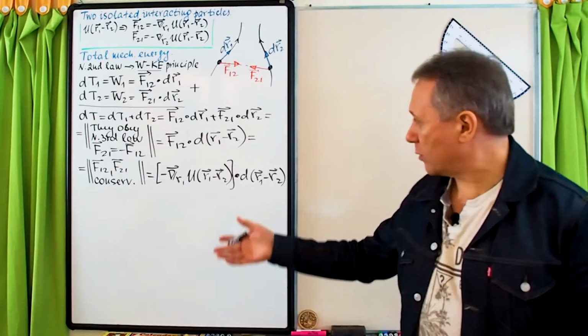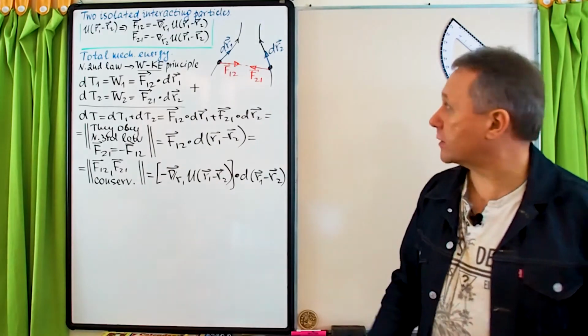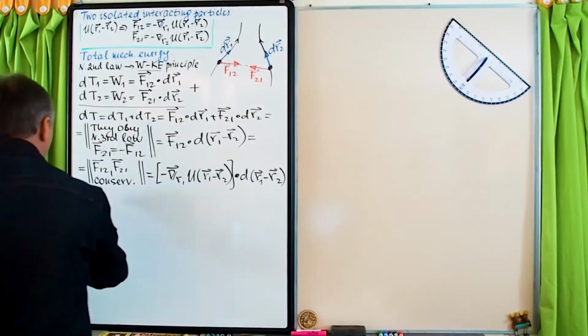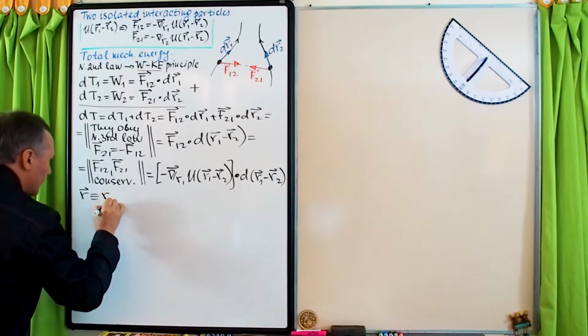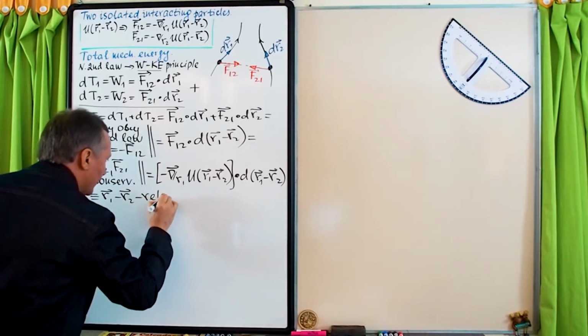Of course now we have the relative position vector, which is r1 minus r2. So we can introduce r equals r1 minus r2, the relative position vector.